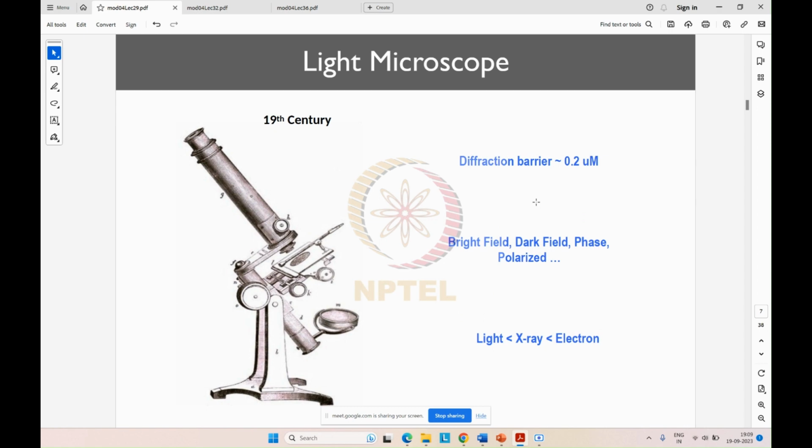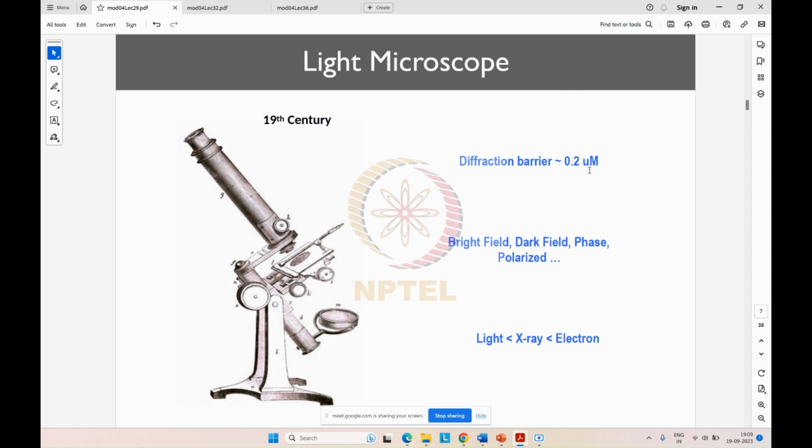Coming to the light microscope, one of the most important concepts, and one of the most under-reported, is one of the problems one faces when trying to image objects: the diffraction barrier, which is, it should be micrometer, but who knows.